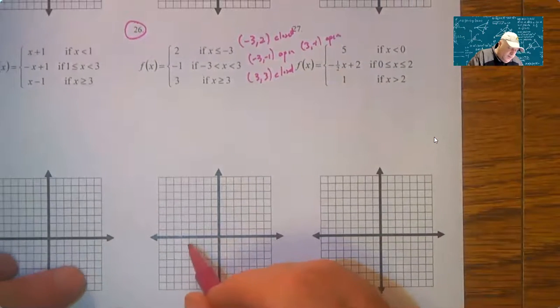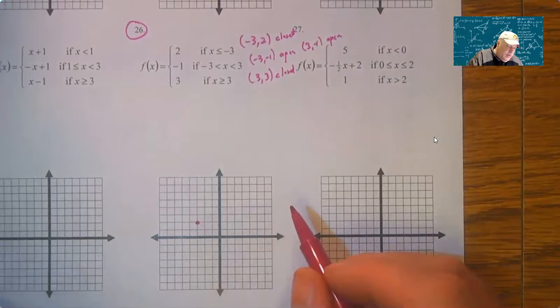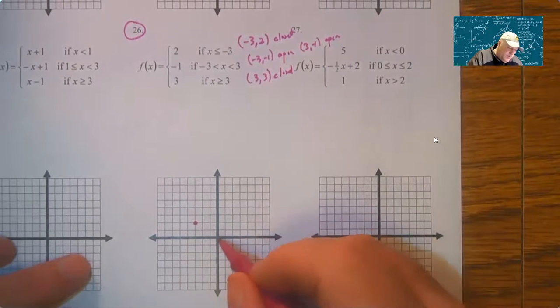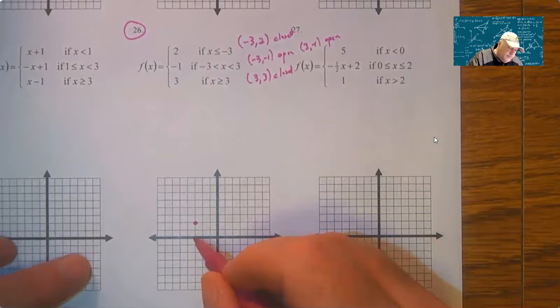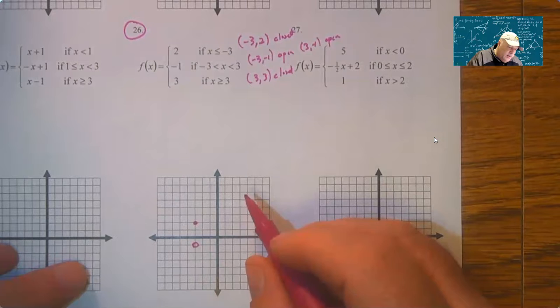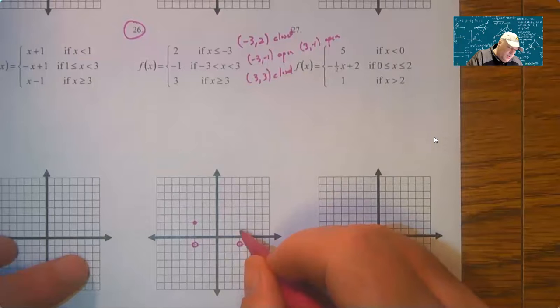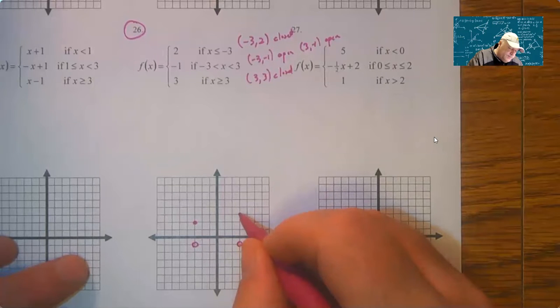Okay, so (-3, 2) closed, and (-3, -1) open. All these points have to go on here. And then (3, -1) open, and then (3, 3) closed.